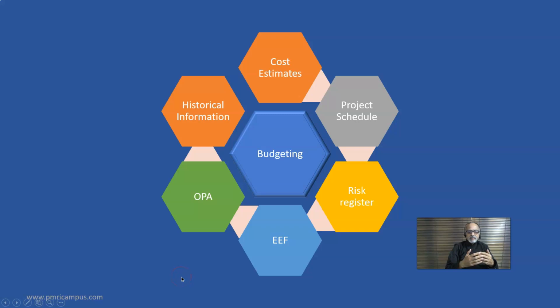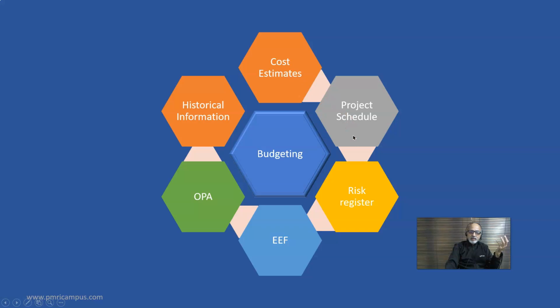Now I'll say this is the budgeting ecosystem, not in any sequence. So when we talk about project budgeting, we need to have the cost estimates, activity level, work package level. For that, we should know the activities and work packages. If we know, we can arrive at the cost estimates.